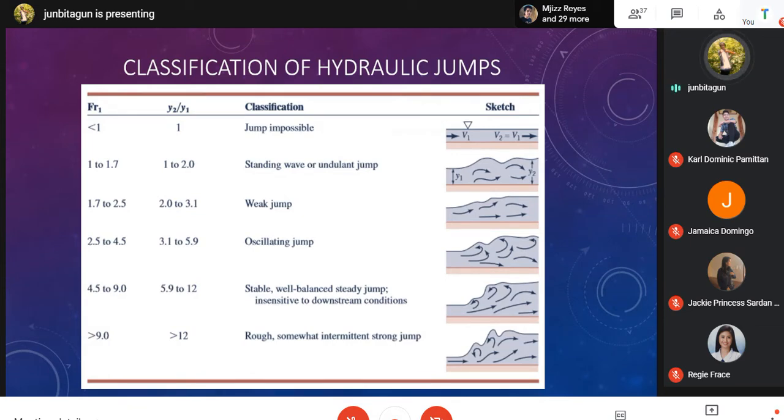If the Froude number is 1 to 1.7, there will be a slight undulation. For 1.7 to 2.5, the ratio between the higher and lower depth is small, so the jump is still very weak. It then gets stronger until the Froude number is greater than 9, where the ratio between the higher depth and the lower depth is 12 and the hydraulic jump is very strong. So you can use this as a relationship later if you need an idea behind hydraulic jumps.